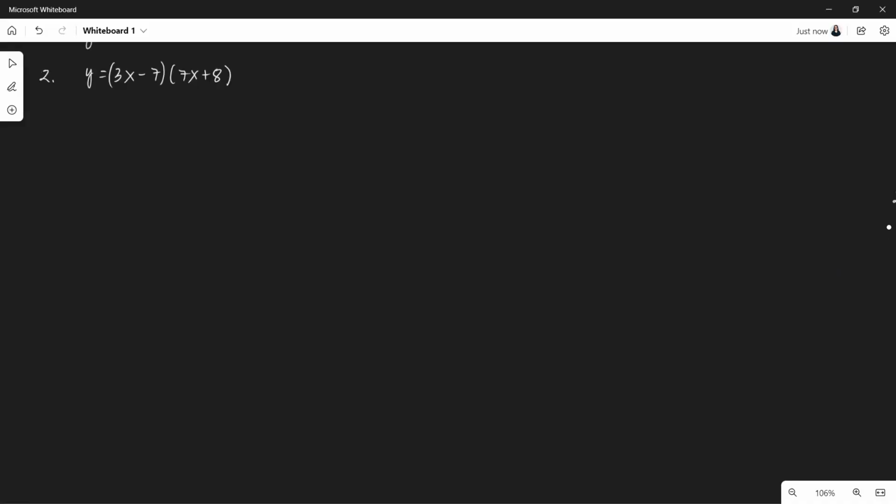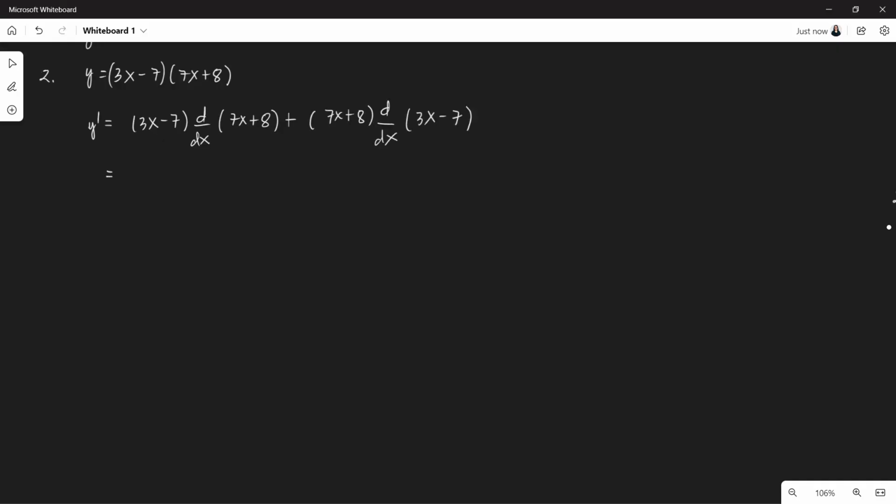So second example, y is equal to the product of 3x minus 7 and 7x plus 8. So y prime, so u is the first function. So 3x minus 7, multiplied with the derivative of the second function, the v, and then plus, it's always addition, plus 7x plus 8 multiplied by the derivative of 3x minus 7.